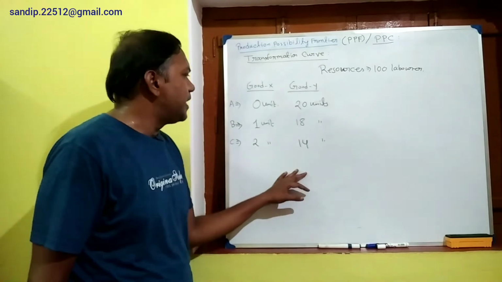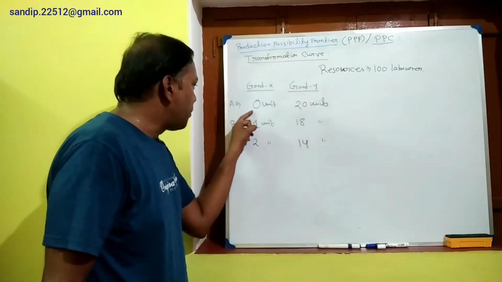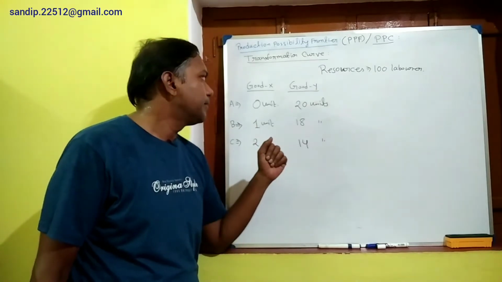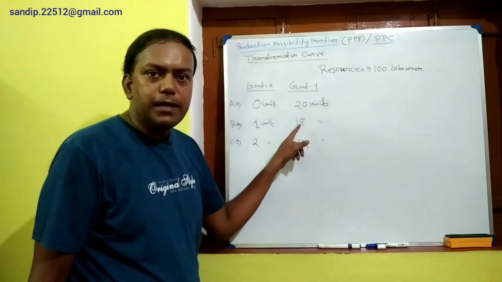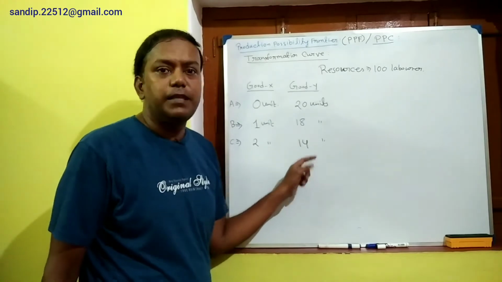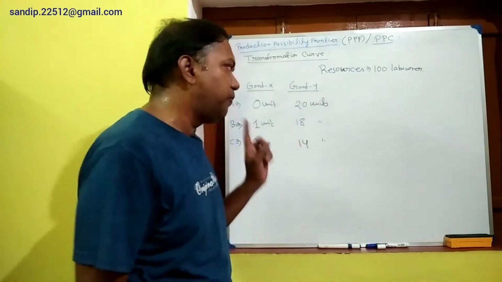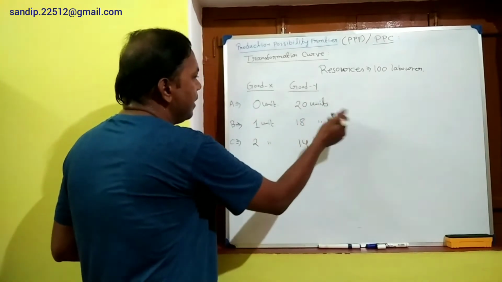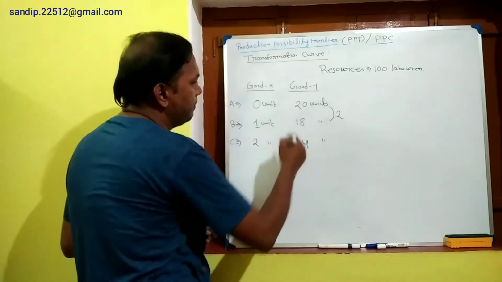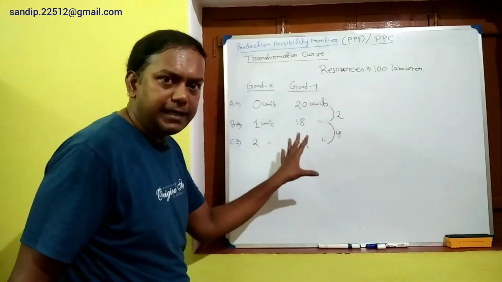Just for your understanding, remember that as the production of good X increases by 1 unit, production of good Y will fall, but every time the rate of fall will increase. See here, production of good Y has decreased by 2 units. Here production of Y has decreased by 4 units, like that.